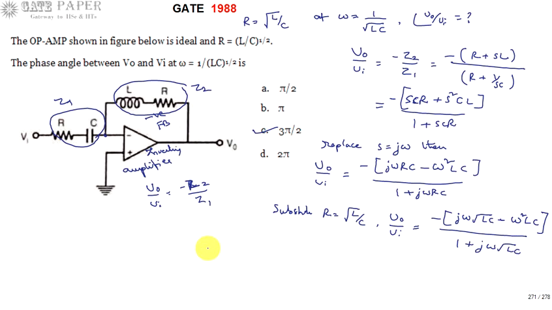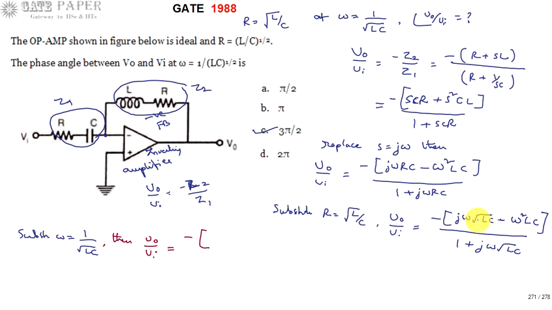And now we are going to calculate the phase angle. Before that, substitute omega equal to 1 by root LC. Then V0 divided by Vi is equal to minus of j omega root LC minus omega square LC, divided by 1 plus j omega root LC.